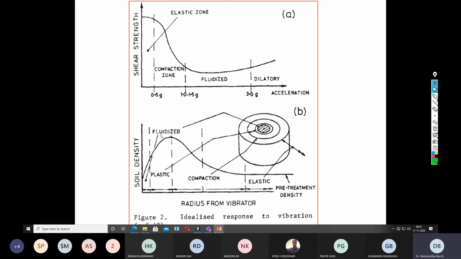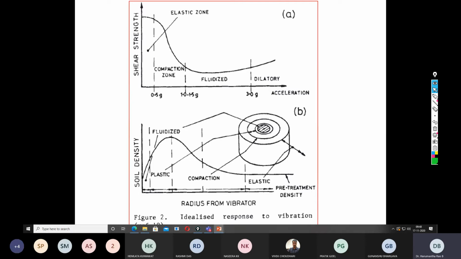So this is another picture which also describes what kind of zones are forming. In fact, a few things we have already discussed. So this is the vibro probe location, and here it shows how much acceleration gets generated.